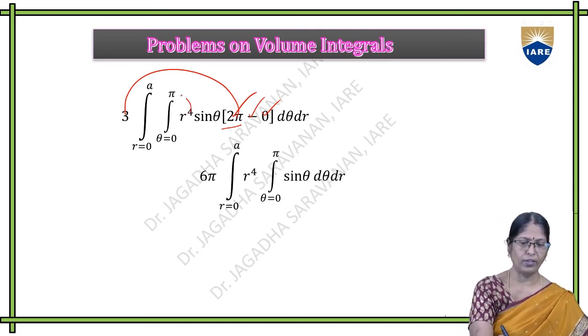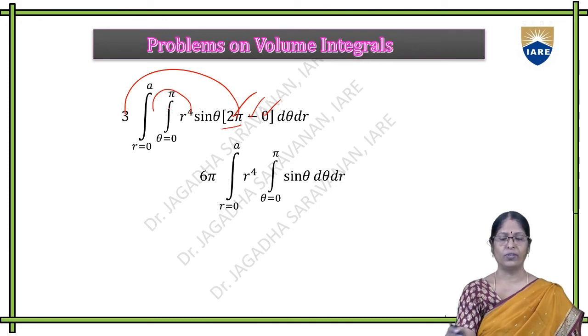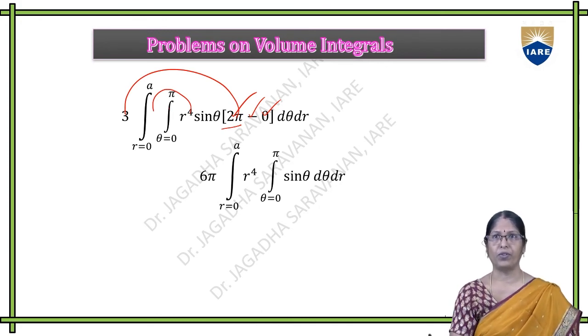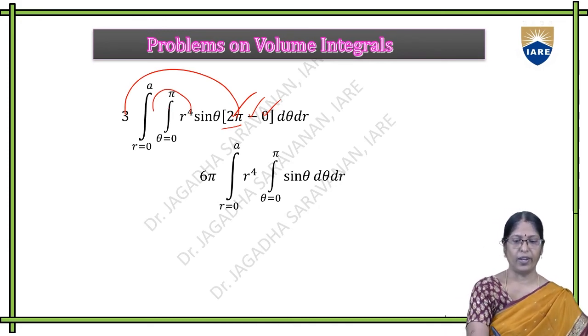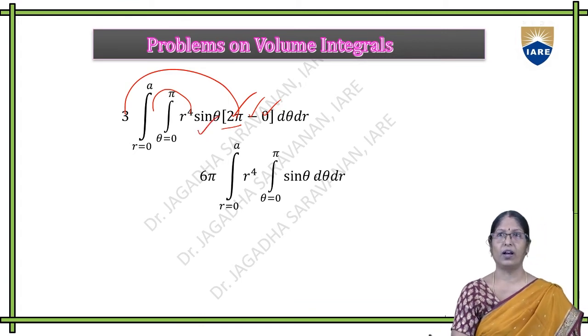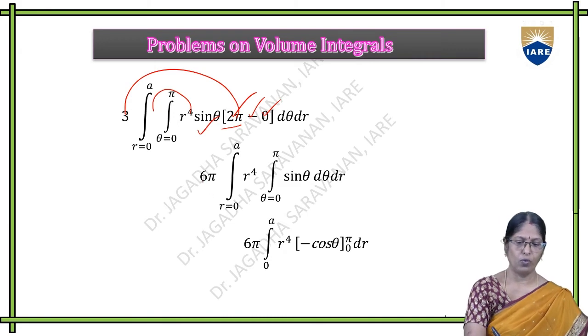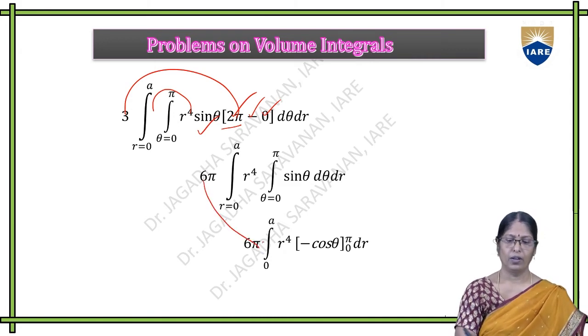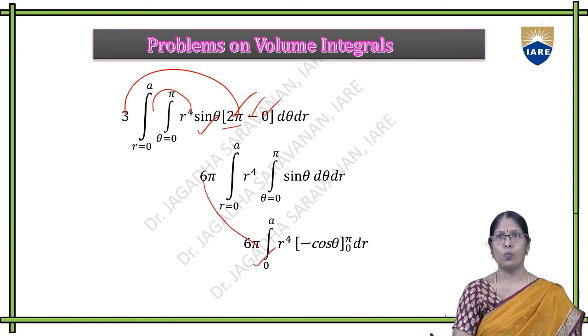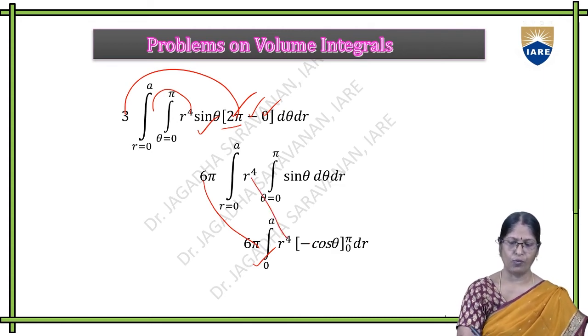Here we can write the r power 4, we just brought it in front of the integral. So the next here, sine theta d theta dr. So now 6 pi, here the outermost integration 0 to a, r power 4.